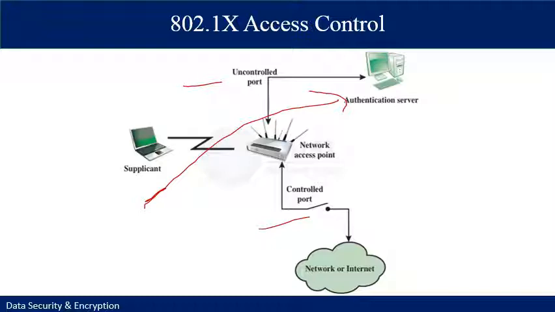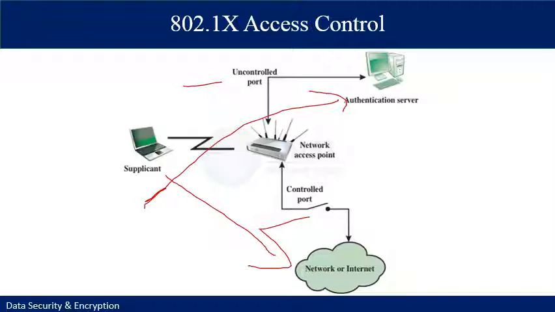A controlled port allows the exchange of data between the supplicant and other systems on the network only if the current state of the supplicant is authorized. The essential element defined in this protocol is known as EAPOL, EAP over LAN.